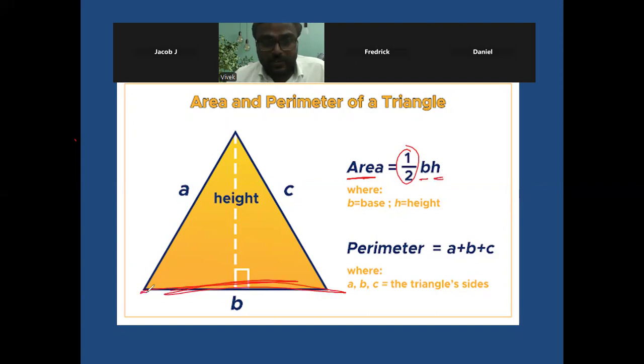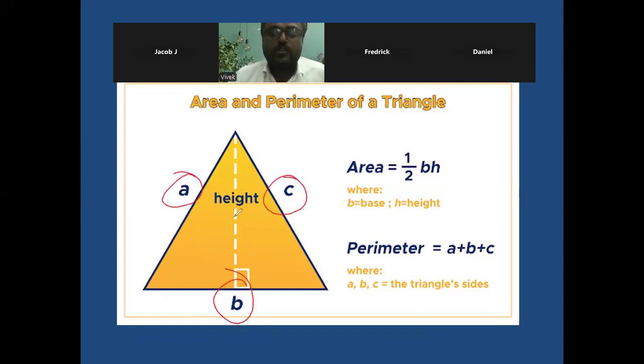So now let's see, this B is the base, this H is the height. So 1/2 times base times height will be your area of the triangle. Please note it down. Whereas perimeter, as you know, is just the summation of all the sides. So A plus B plus C will be your perimeter.